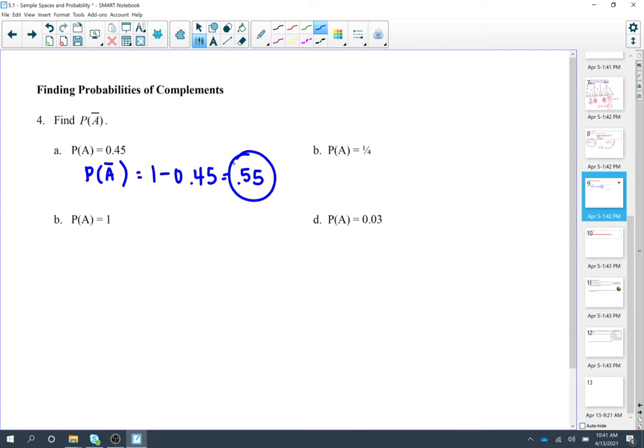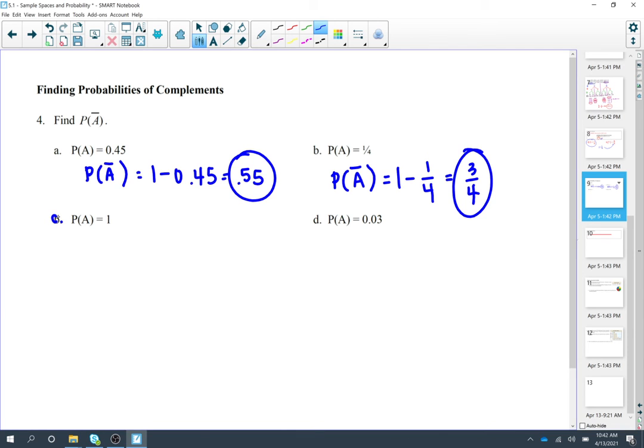In example B, if the probability of A is 1/4, then the probability of not A is 1 minus 1/4, which is going to give us 3/4. In example B, which that must be a typo, so let's put a C here.